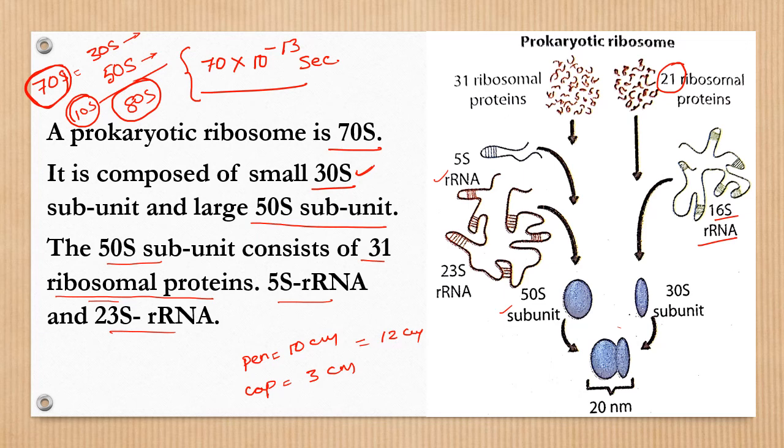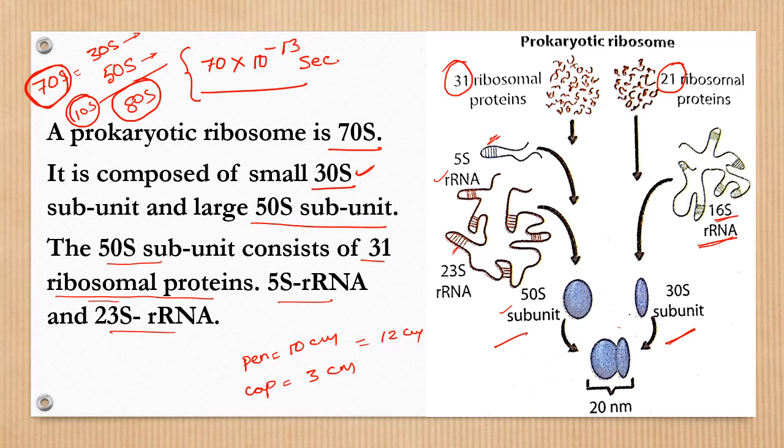Along with these, it also consists of 31 ribosomal proteins in the 50S subunit. Coming to the smaller unit, the 30S subunit, it consists of 16S rRNA as well as 21 ribosomal proteins.